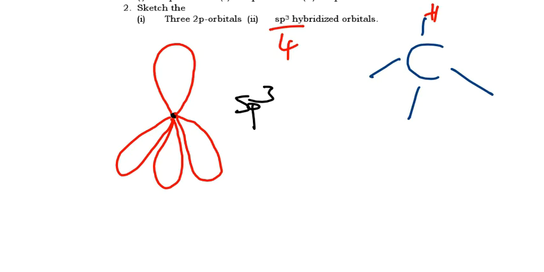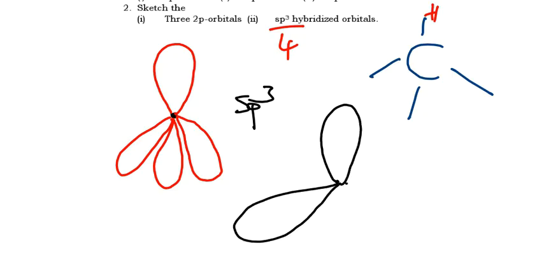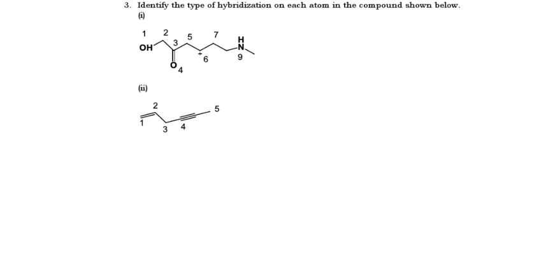Okay, so this is sp2. So at least you know how to draw the others even if they were given to you. Now 3 says identify the type of hybridization on each atom in the compound shown below.